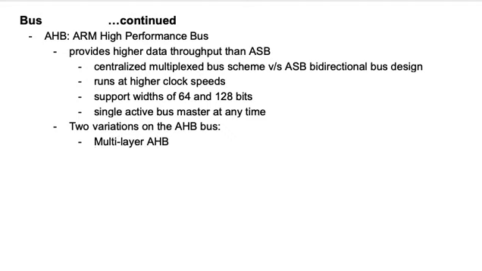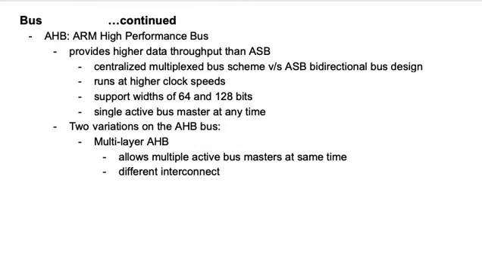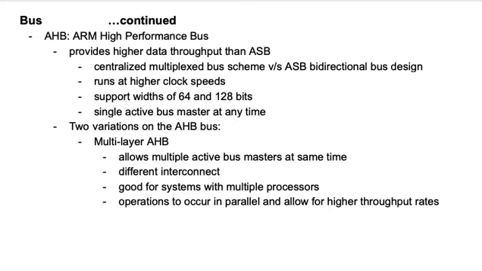However, there are multiple variants of the AHB bus. One variant, called multi-layer AHB, can allow multiple active bus masters at the same time. It has a different interconnect, but it is usually used for systems with multiple processors.